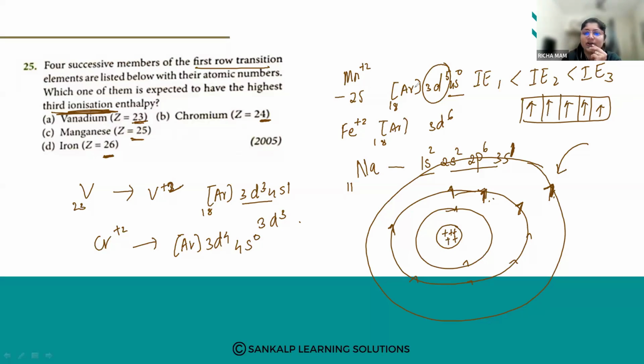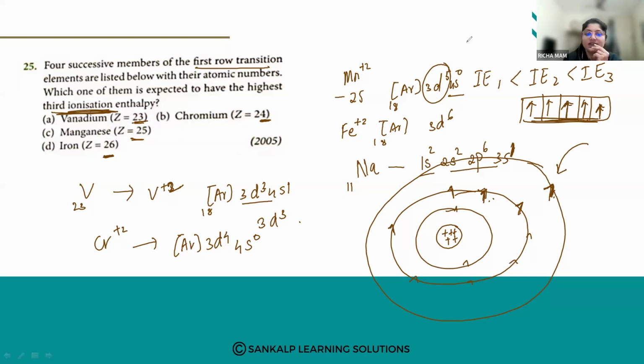First will be your manganese, because the electrons are equally distributed. So the energy required to remove these electrons is very difficult to break. So the third ionization enthalpy. Next one is chromium.